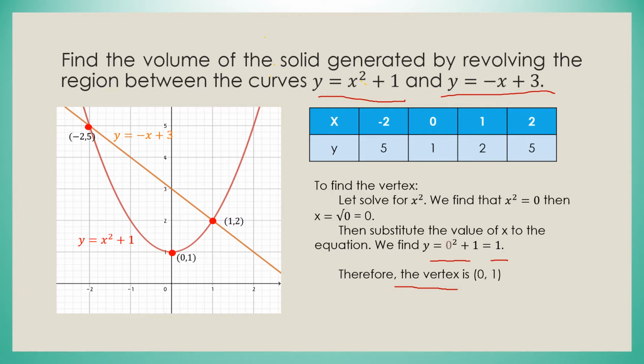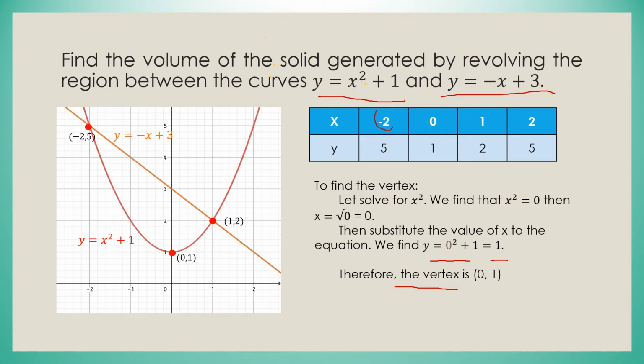So we can plot this graph, or this equation. We are going to let x take values so that we can get the points: negative 2, negative 1, 0, 1, and 2.